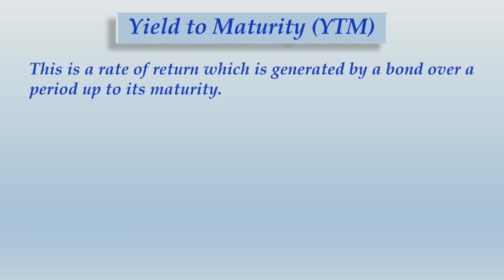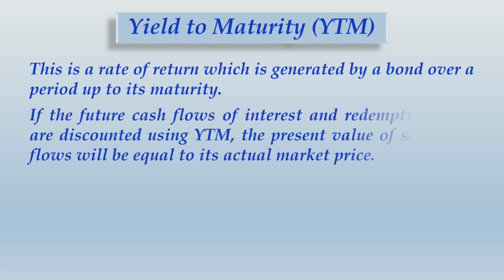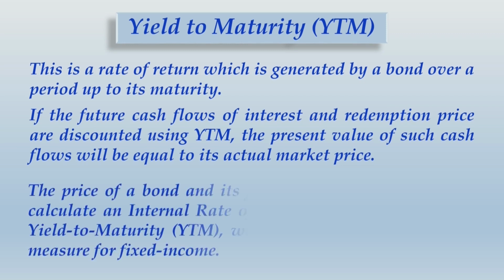Under the heading yield to maturity or YTM, you would write, this is the rate of return which is generated by a bond over a period up to its maturity. If the future cash flows of interest and redemption price are discounted using YTM, the present value of such cash flows will be equal to its actual market price.